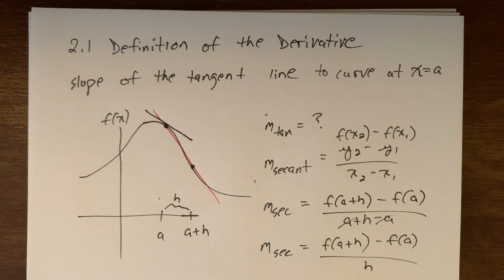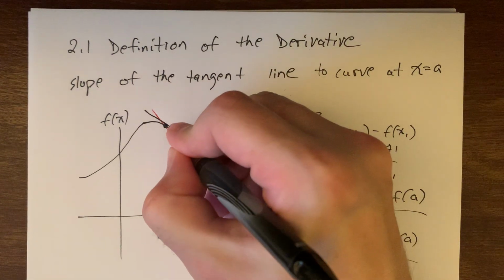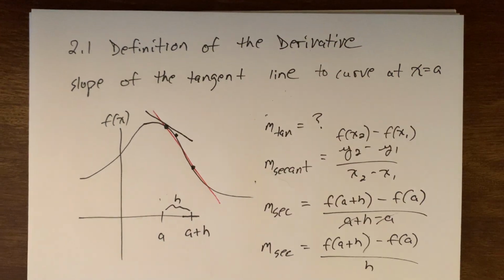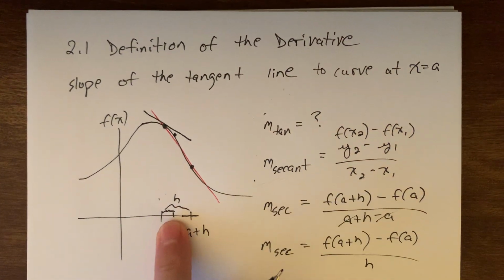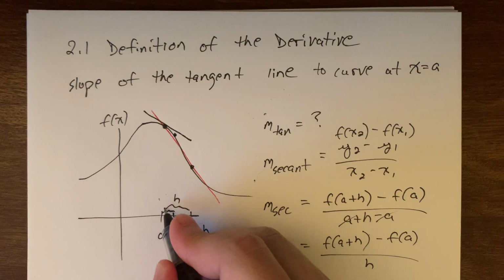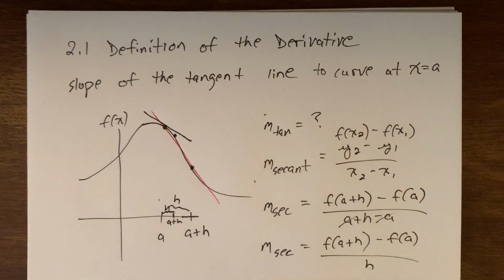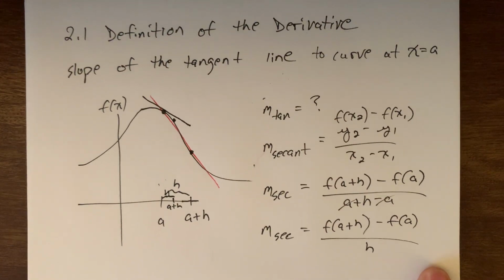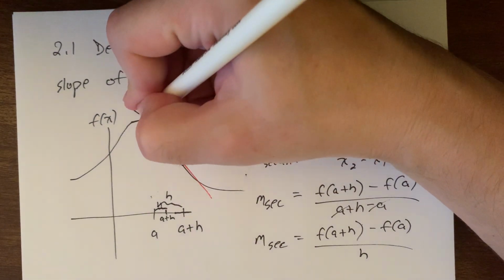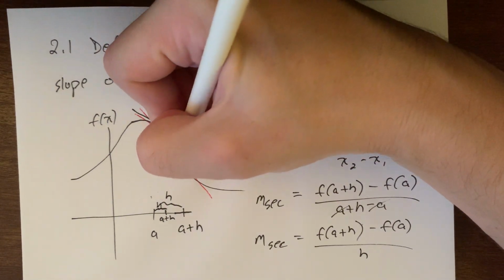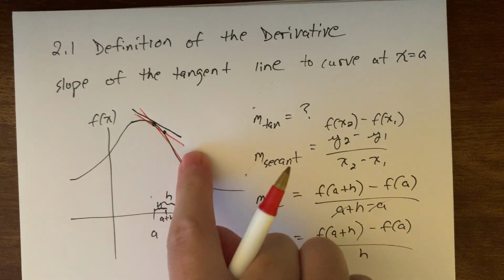Pick a closer point. So now if I pick this as my second point, this smaller distance would be my h, and this would still be a plus h following this same notation. So this would still represent the slope, but now when you focus on these 2 points up here, and when I draw my red line, much, much closer.